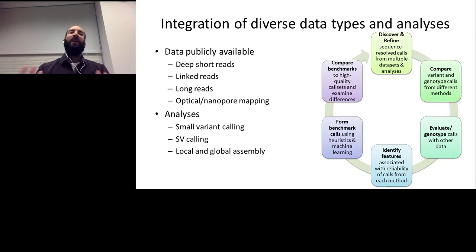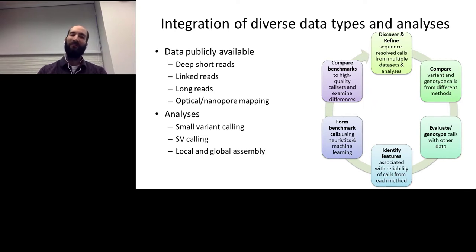So the approach that we've taken to develop high confidence variant calls for our genomes is to integrate a diverse array of data types and a diverse set of different analysis methods to characterize our genomes. And so we have a lot of data that we've made publicly available, and we've both characterized these data ourselves, but a lot of the work has been done by the community, the Genome in a Bottle community, to apply new methods to all of these data that we've made available.